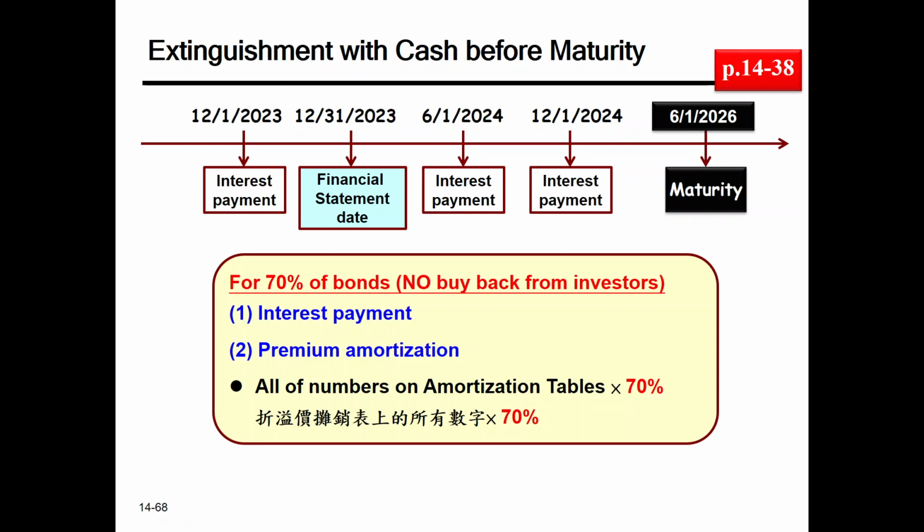But the only thing you should be careful about is we have only 70% left in the market. So all the numbers are only for 70%. Okay, so that's the concept we have.